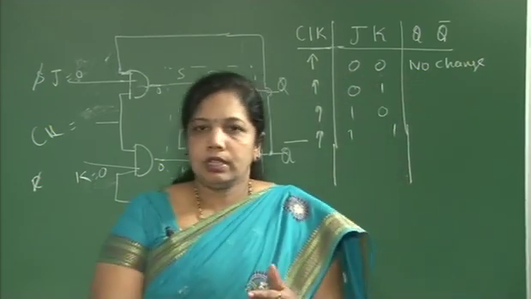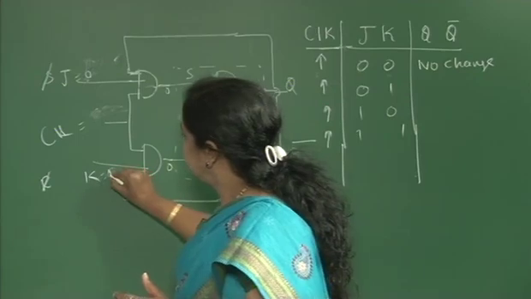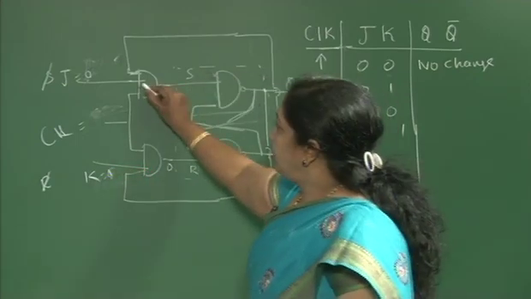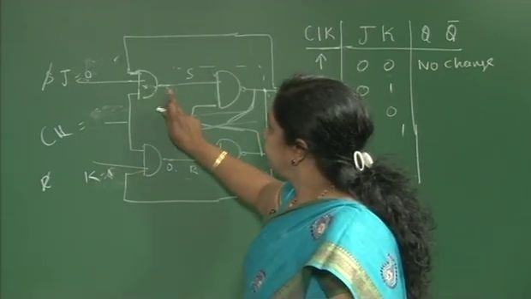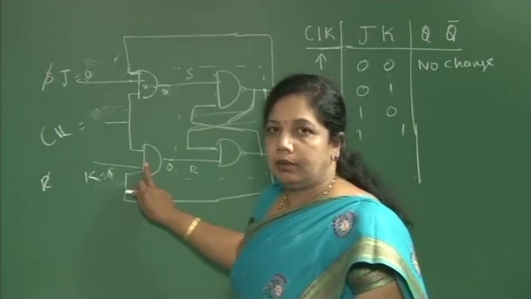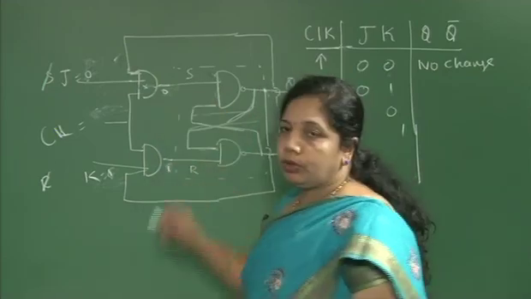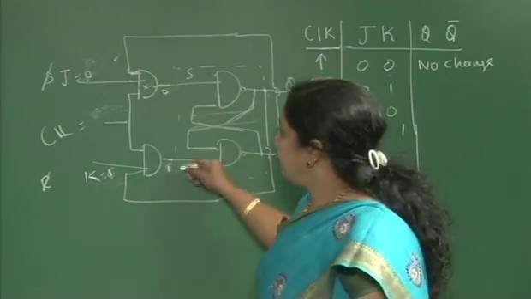Let us switch over to the second, that is whenever I give 0 and 1 here, the upper gate is disabled, my output is 0 here, the lower gate is enabled, so my output is 1 here. Now my input to the SR latch is 0 and 1.